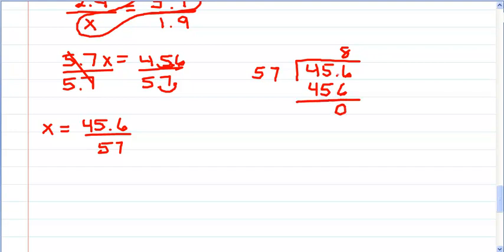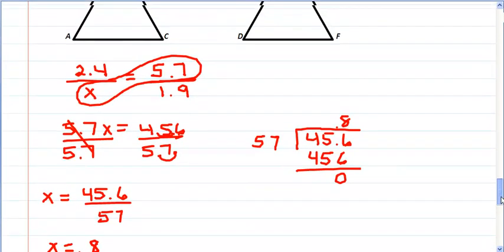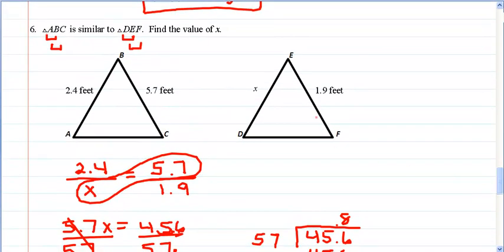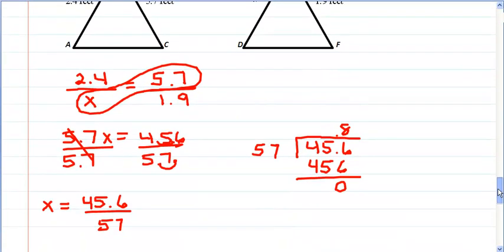So this decimal point carries up, and I get x is equal to 0.8, but since 0.8 represented the side of the triangle, and the sides of this triangle are measured in feet, I will say that x is equal to 0.8 feet.